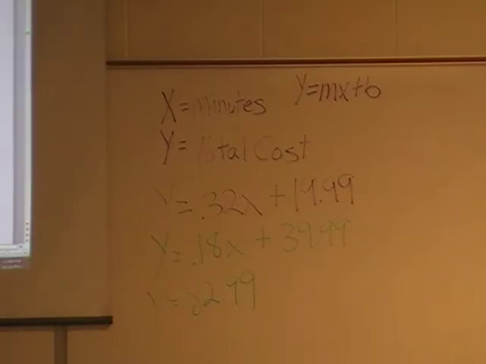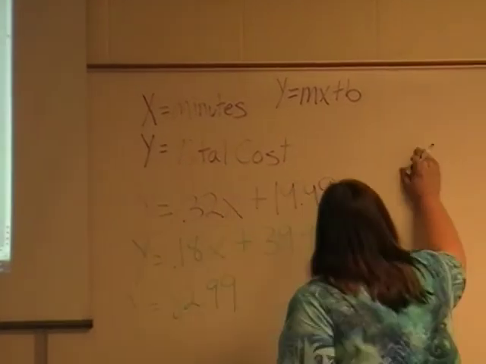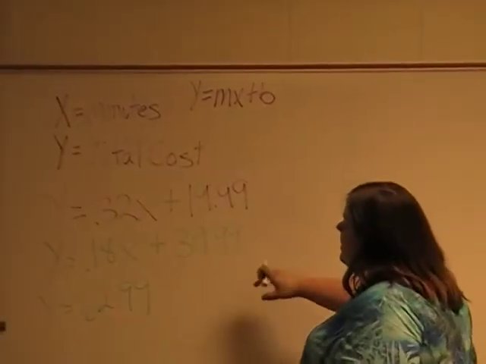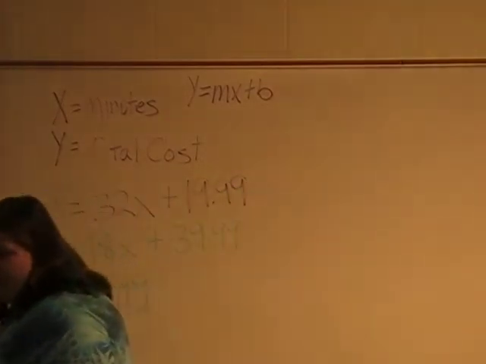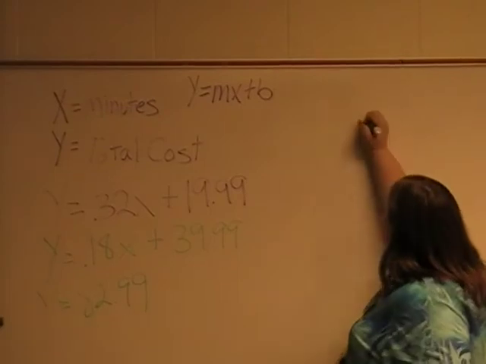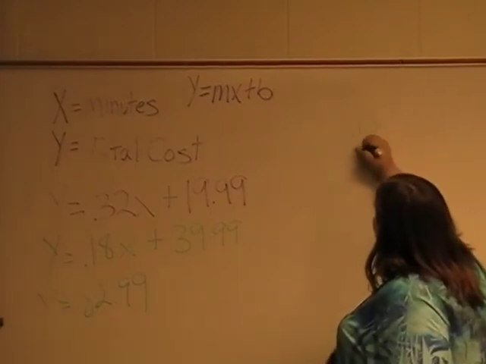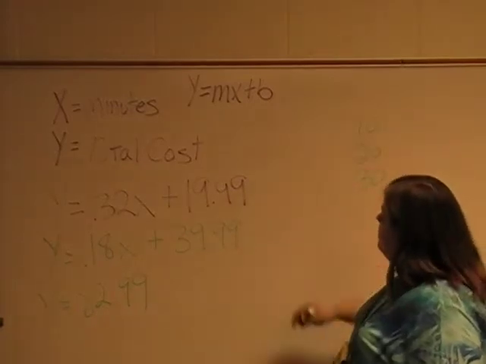So we could make a table by hand and plot all this out. We'd look at our bronze plan, and figure out how much it costs at 10 minutes and 20 minutes and 30 minutes and so on. We're going to do the math.